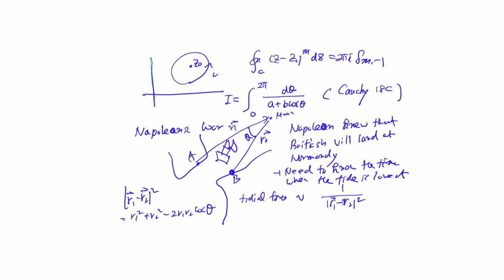And you have to take an average of this over d theta. So that means you need to integrate 1 over A plus B cosine theta d theta.